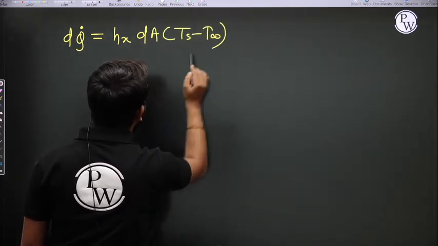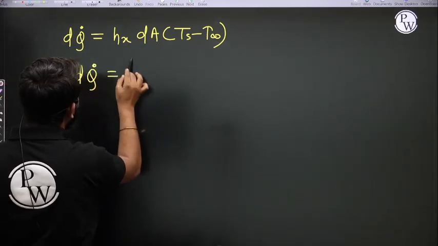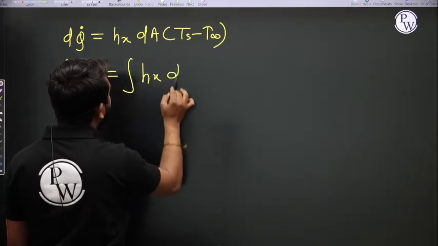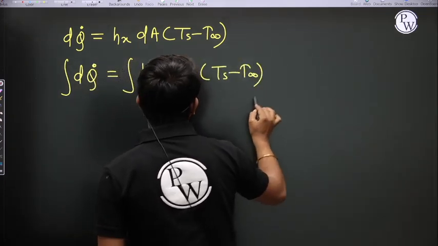To find the total convection heat transfer, I am integrating it. So dq dot is equal to hx dA, Ts minus T infinity. Right? And what is the dA?